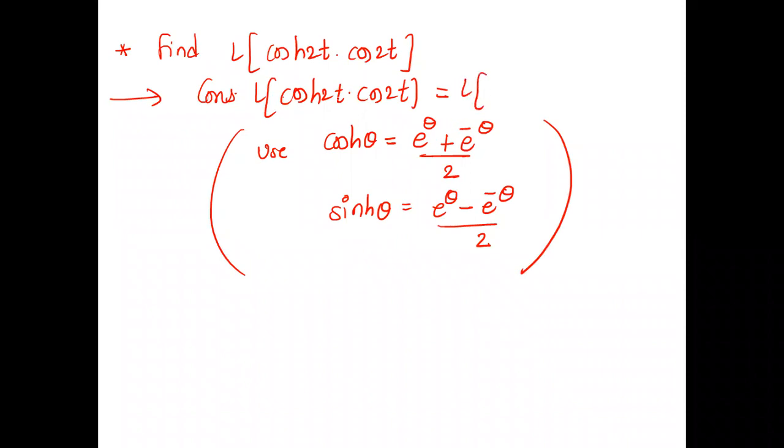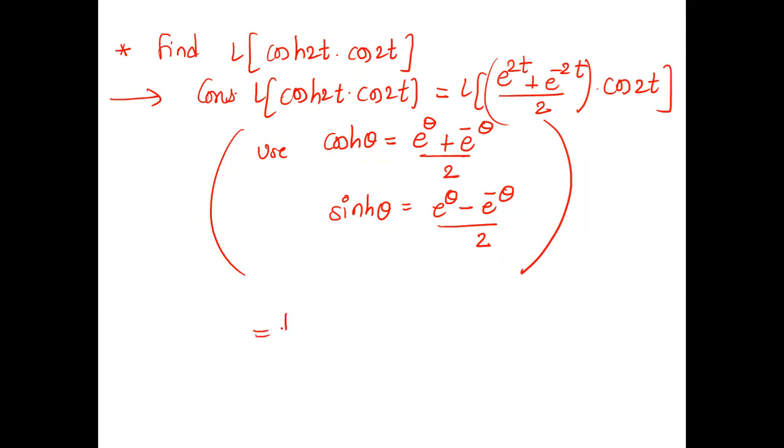So it is Laplace of, for this, I'll apply this. So theta is here 2t. So it is e raised to 2t plus e raised to minus 2t upon 2, into cos 2t as it is. Now this term is multiplied with this, so 1 by 2 is common to everyone.